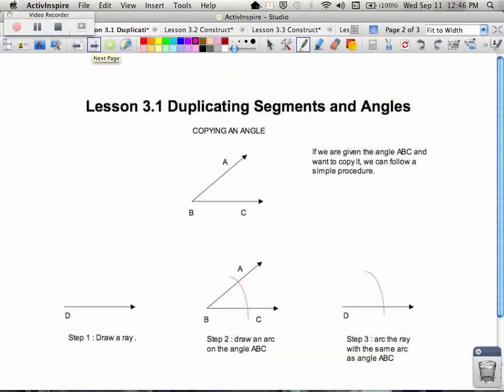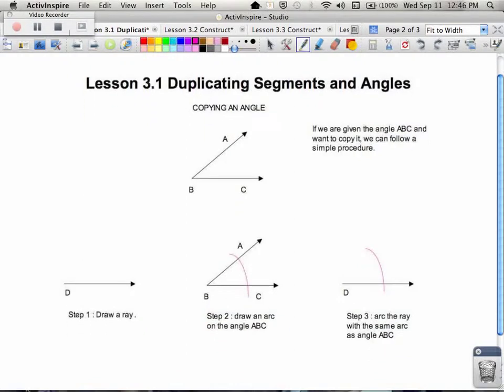The second thing that we're going to talk about is copying an angle. So here you can see that they've given us angle ABC. The first thing that we're going to do is draw a ray, kind of the ray that would be matching up with ray BC.